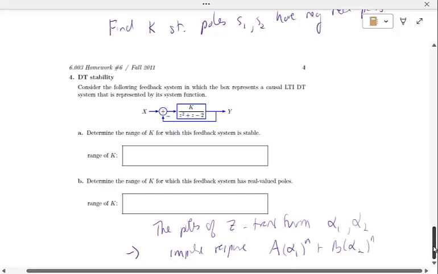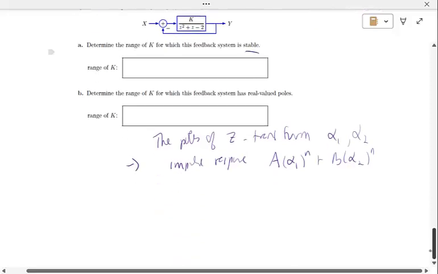And if we're interested in stability, then we want alpha 1 to the n and alpha 2 to the n not to grow as n goes to infinity.